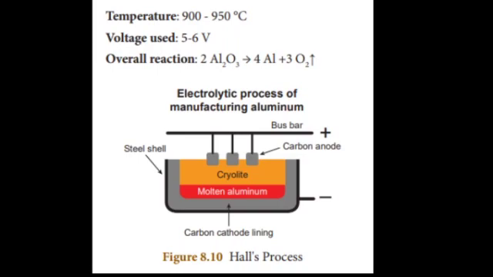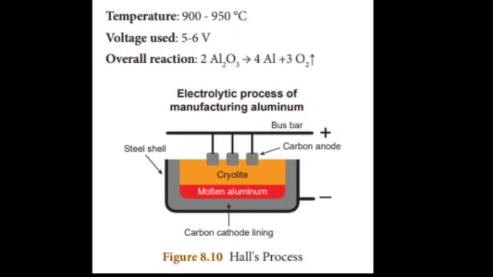This is Hall's process diagram. This is the outermost steel shell, inside coated with carbon cathode lining, and then a bunch of carbon anodes. This is positive, this is negative.